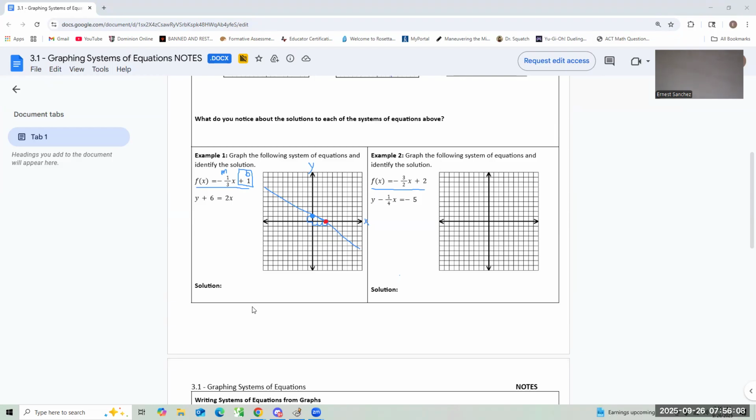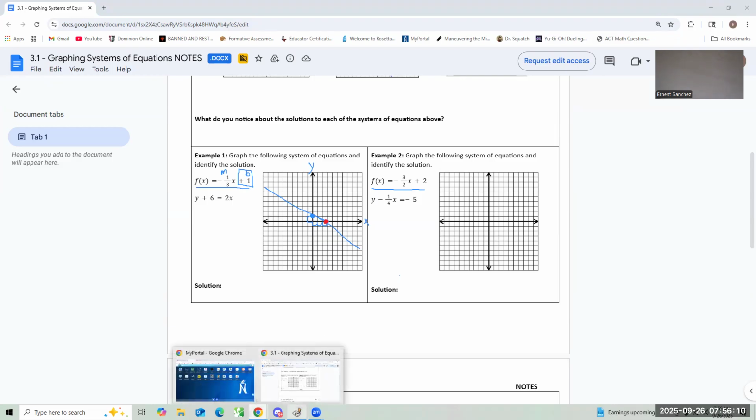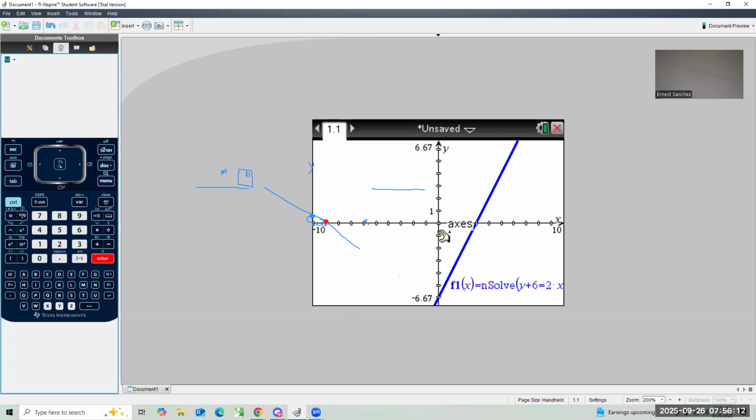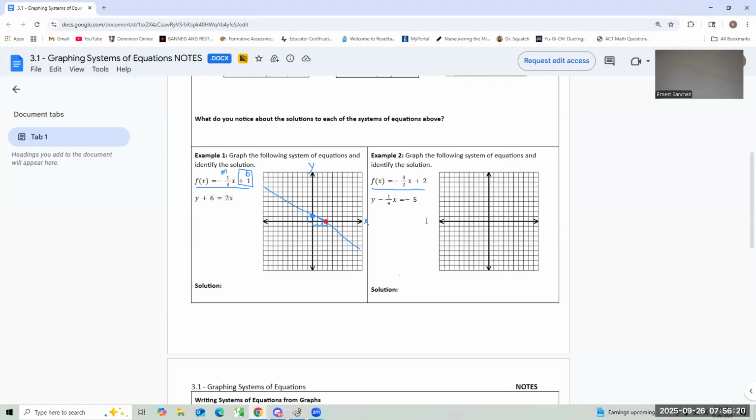And then for the y-axis, it hits at -6. I got to count down. 1, 2, 3, 4, 5, 6. Draw your point here on -6. Now I have to connect these two as best as possible. Oh, that was really bad. There we go.